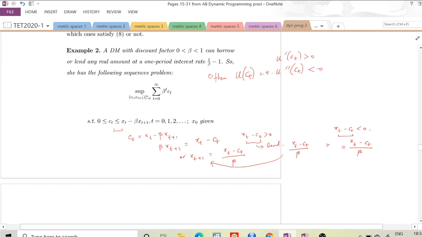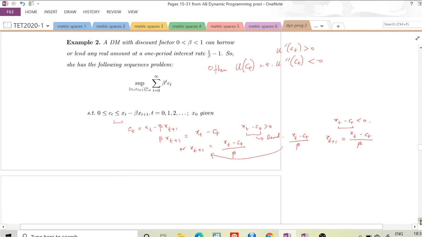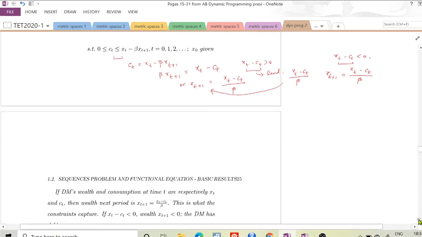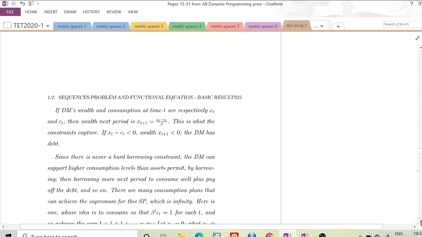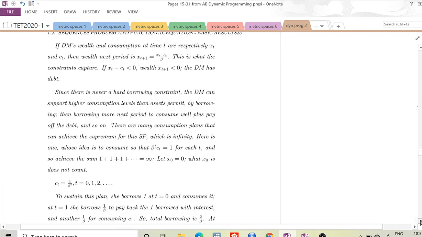So my debt xt plus 1 grows. But in this example I'm permitted to borrow without limit, so there is no hard borrowing constraint.